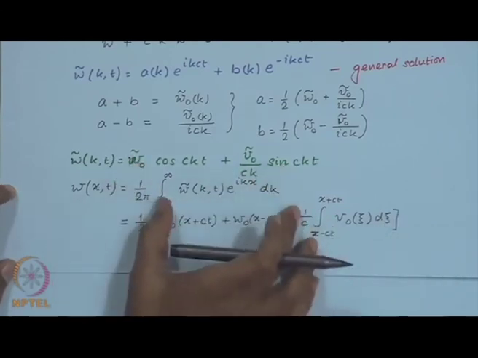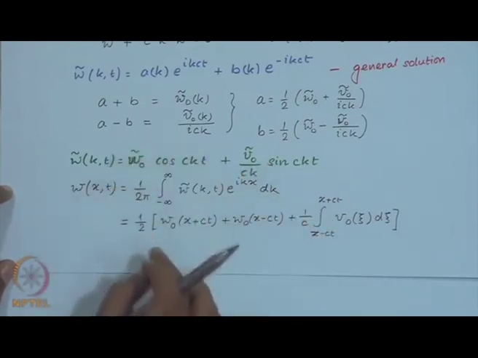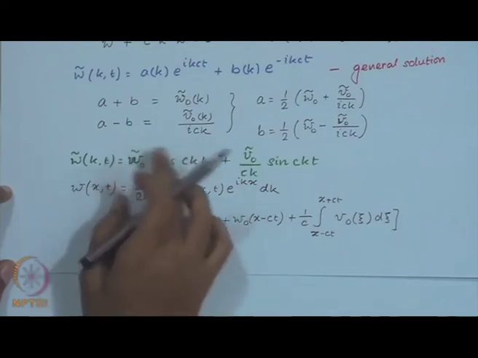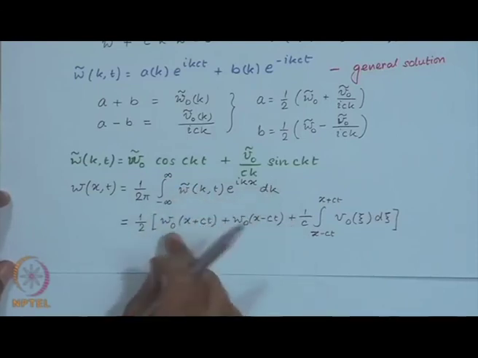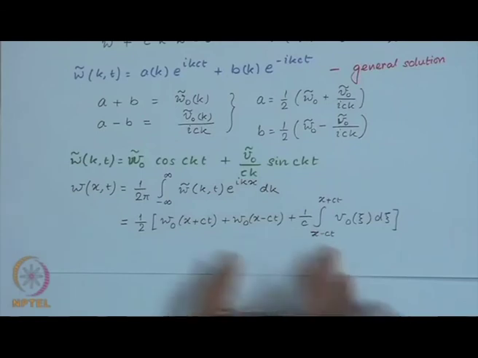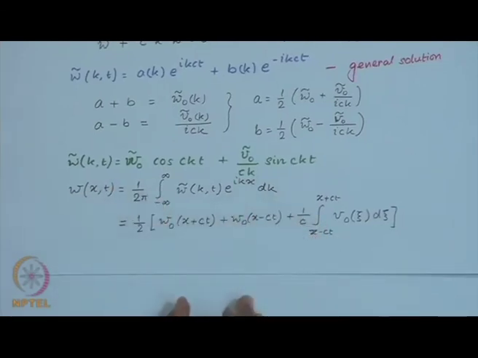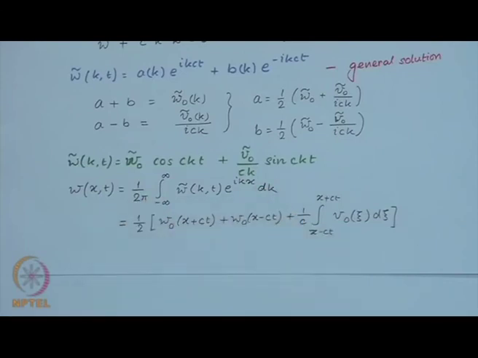So, you substitute this here and use the definitions of this w 0 tilde. So, when you put this in the inverse Fourier, then you will get w 0 and this has to be evaluated at x plus c t and x minus c t. So, this is more or less straightforward and you can obtain this solution.